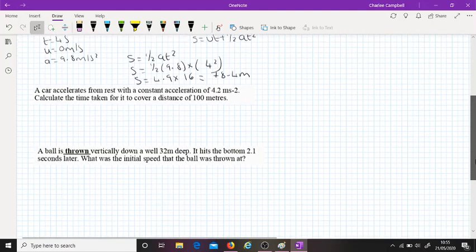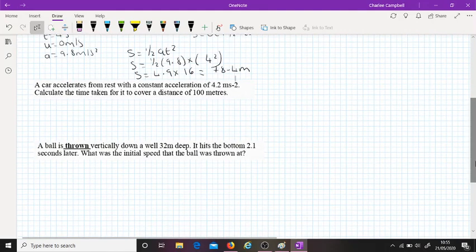Okay, last two then. A car accelerates from rest with a constant acceleration of 4.2 meters per second squared. For this one we've got slightly different information. It's not a free fall question, so it's not something being dropped or thrown up, it's something that's going horizontally. So the acceleration is different.